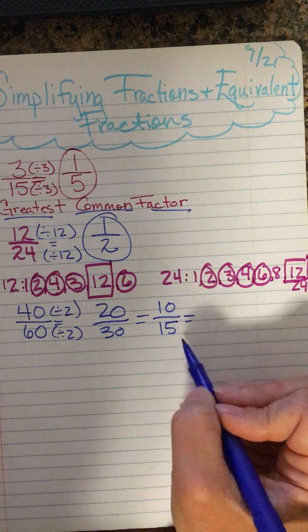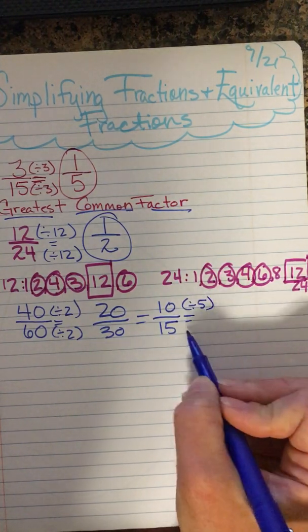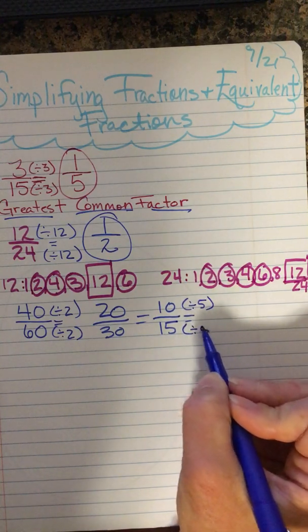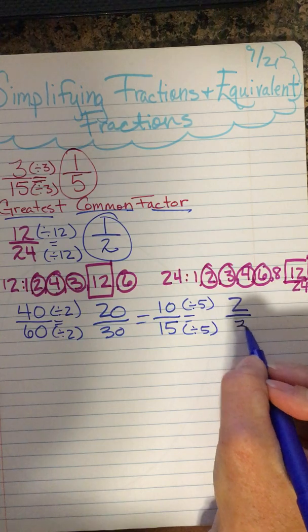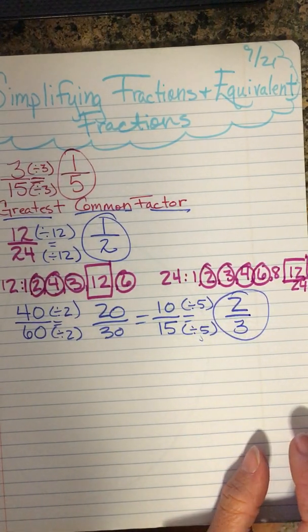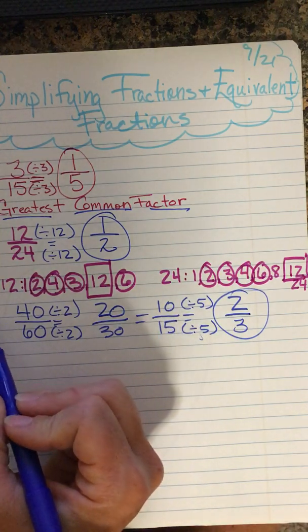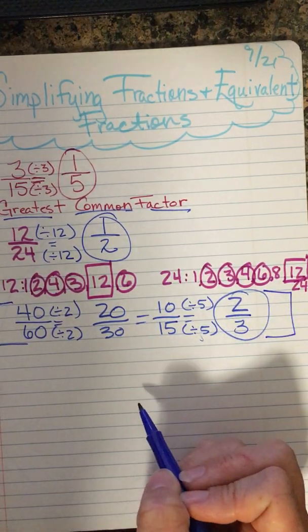And I can see I can divide by 5 now. So sometimes when you start making them smaller, it's easier to see what their common factor is. So there's nothing wrong with doing this. It just takes longer and uses more paper.